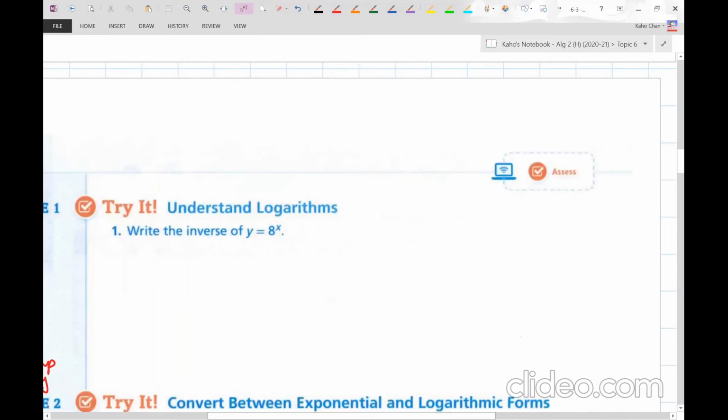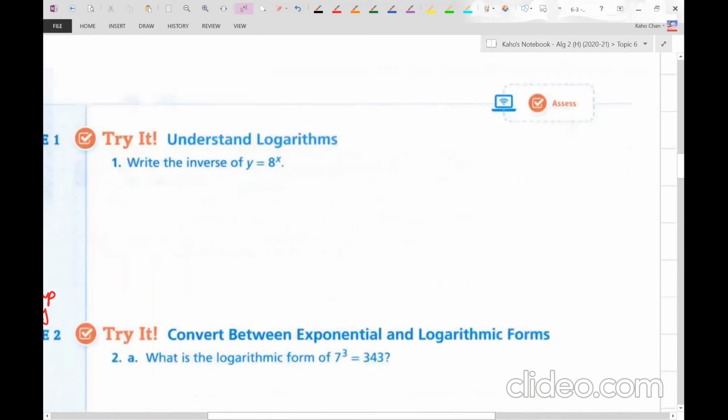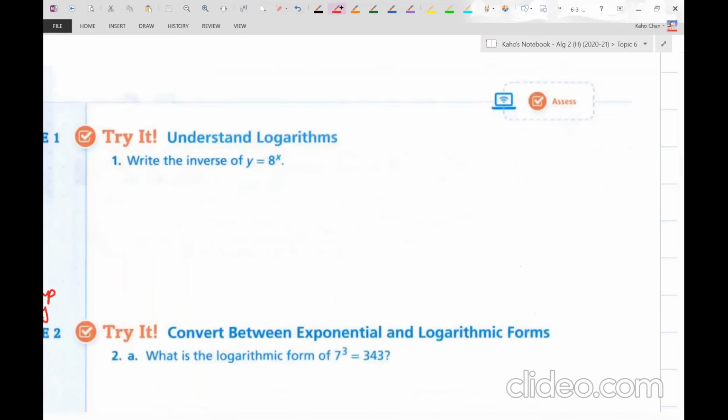All right, here we go. Example 1. Write the inverse of y equals 8 to the x. So when it comes to writing the inverse of functions, the key is swap x and y. Let's do that right now in our problem.